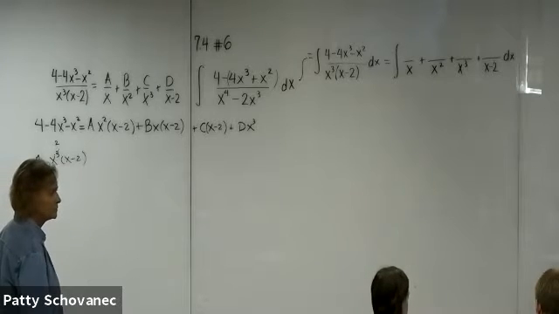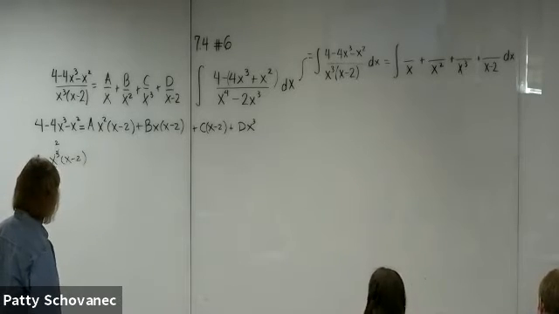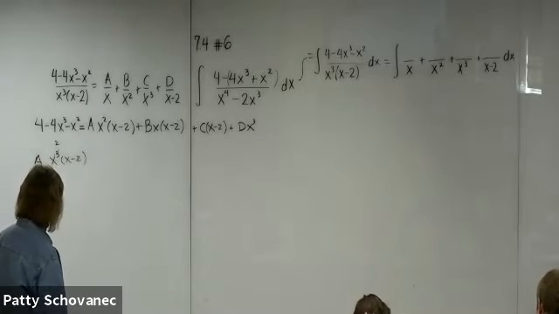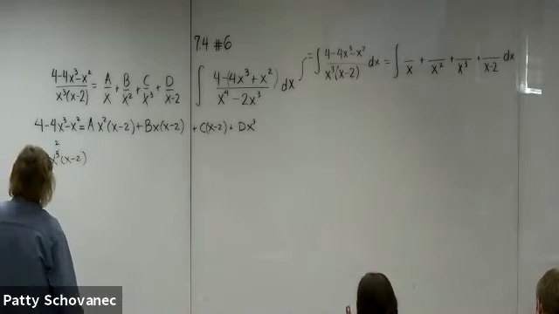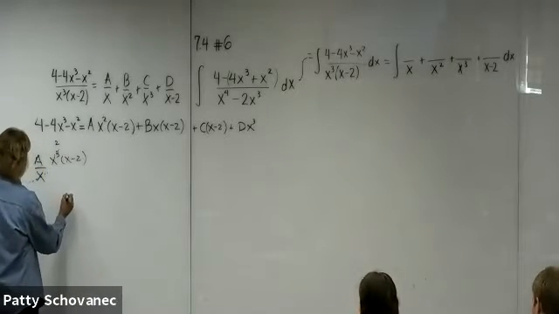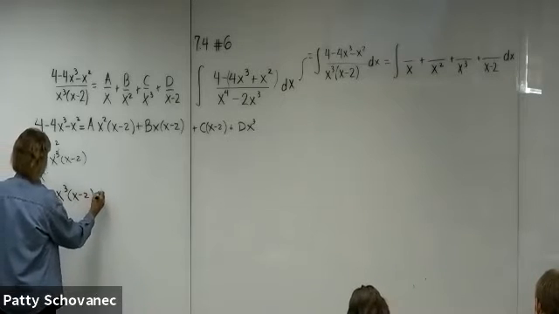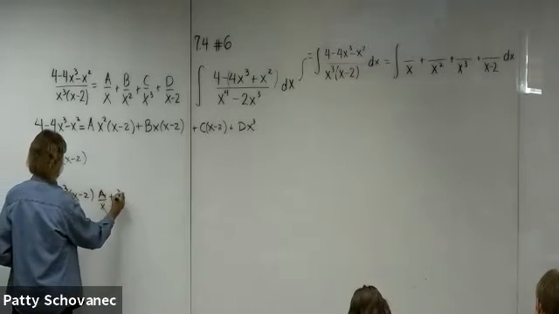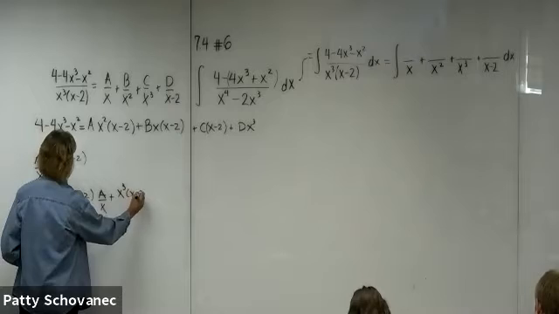I got a question. Yes, sir. In that cancellation, where does that take place? That did not happen in my head. This part, I'm taking each of these and multiplying them by x cubed times x minus 2.